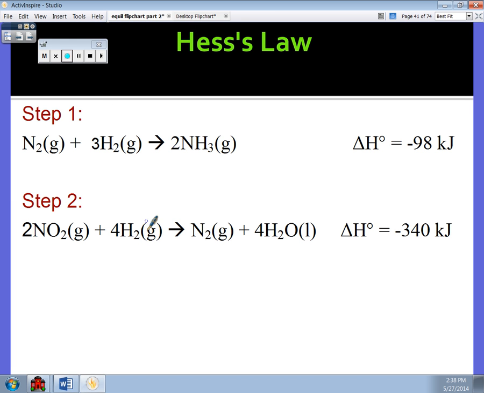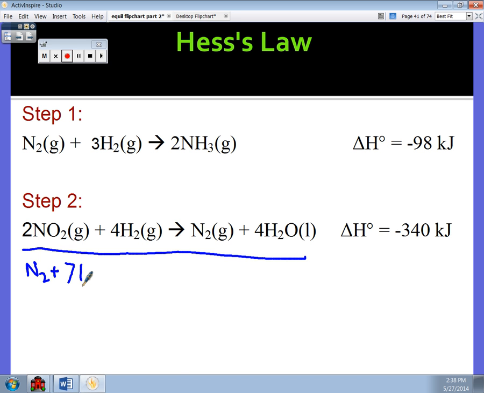Here we have a two-step reaction, step 1 and step 2, and we know the energy change of the two steps. If we want to find out what the overall energy change is, and the overall reaction is, then we need to add them up. So over here on the left side, we have the reactants. We have 1 and 2. We have 3 hydrogens here, plus 4 more here.